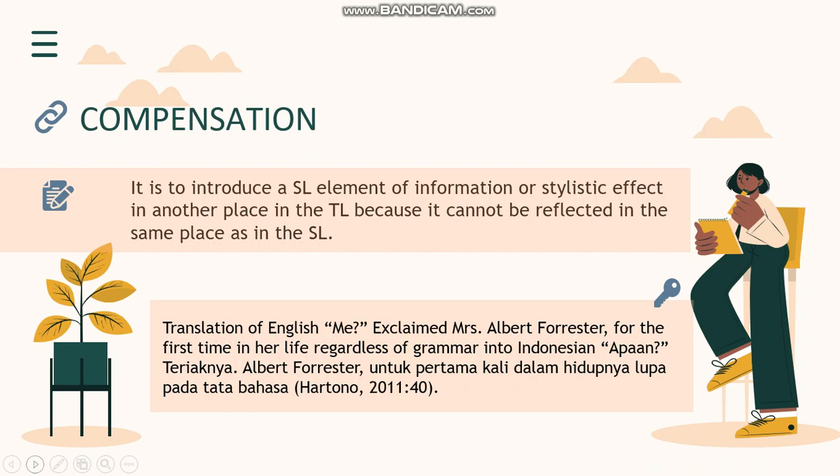Here we have an example, a translation of the English "Me!" exclaimed Mrs. Albert Forrester, for the first time in her life regardless of grammar, into Indonesian: Apaan? Teriaknya. Albert Forrester untuk pertama kali dalam hidupnya lupa pada tata bahasa.